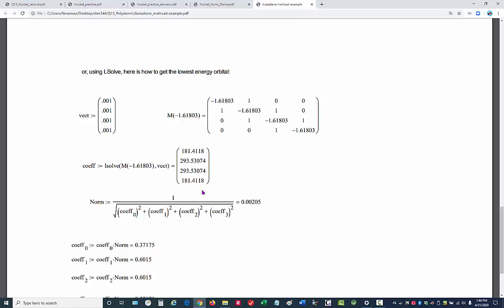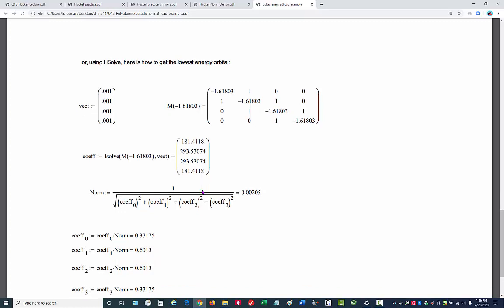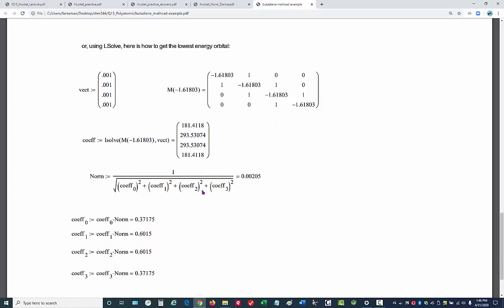Here we know the values of the diagonal elements and the off-diagonal elements. And we can solve for these coefficients. We can normalize them and then report out the coefficients for that orbital. Once we know the values of x, we could do this process for each orbital. Here I'm just showing how to do this for the lowest energy orbital.